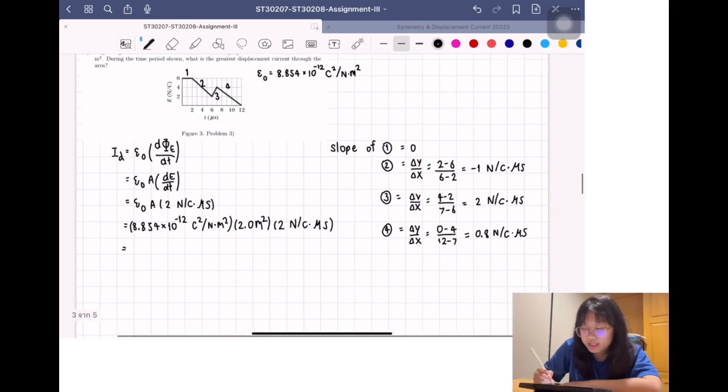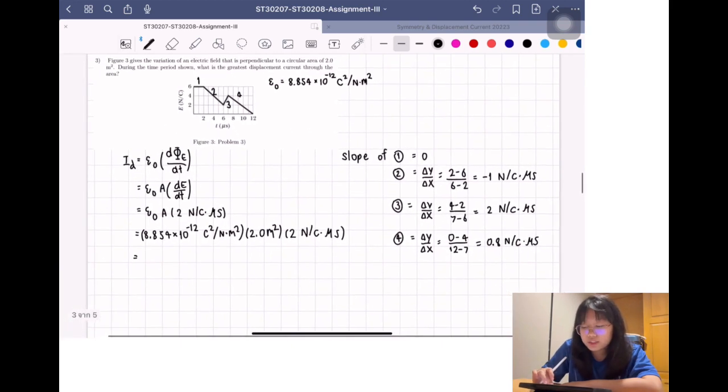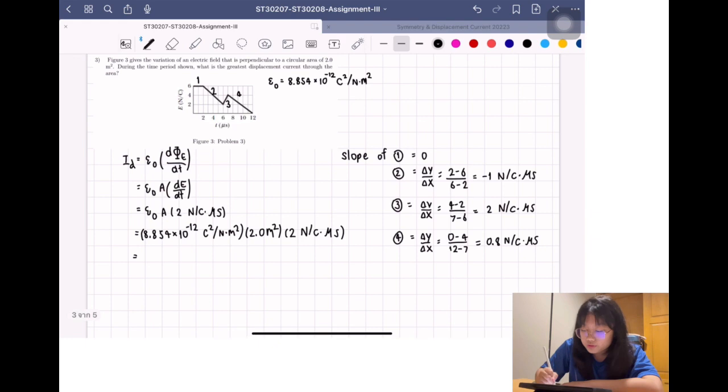So we can find the displacement current, which is equal to 3.5 multiplied by 10 to the power of minus 5 Coulomb per second, which is 3.5 multiplied by 10 to the power of minus 5 ampere.